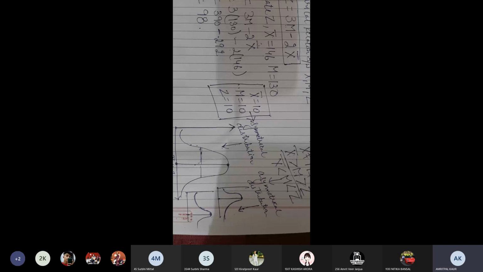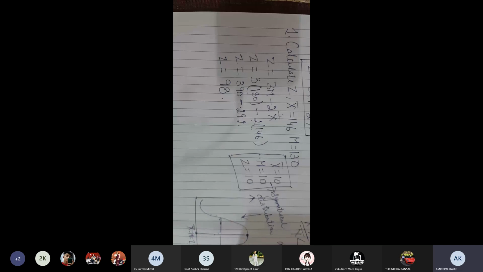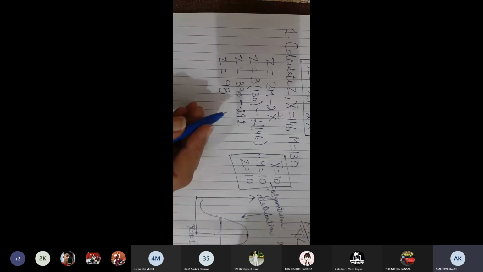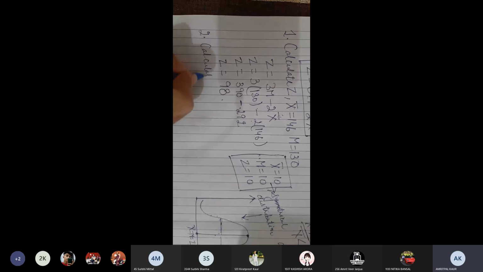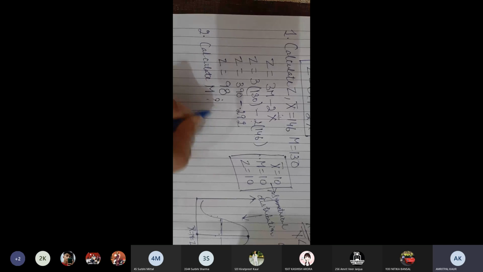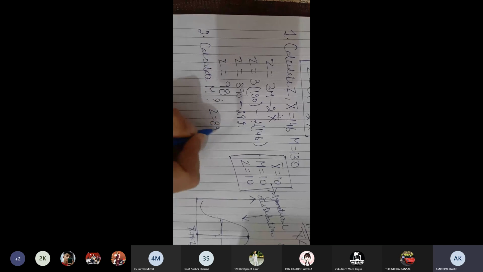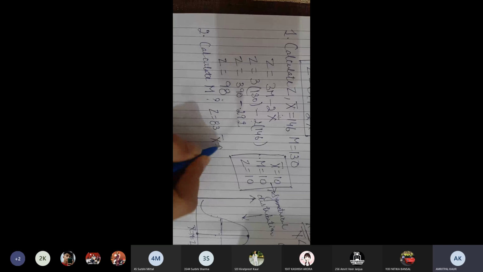Now one statement I will write. In the same statement you have to find out the value of median. Second numerical is there, you have to calculate median, when mode is equal to 83 and x bar is equal to 92.